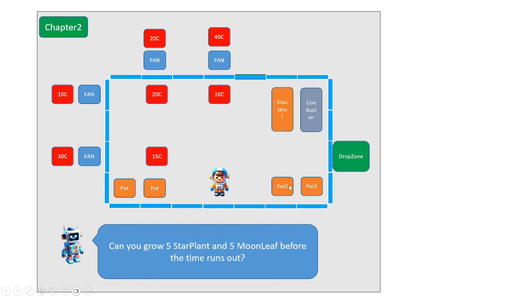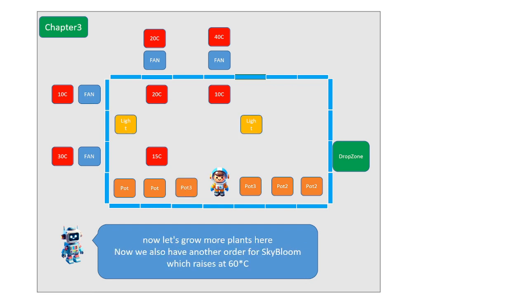After the player places the pots, let's say the fan blows from here all the way down to here as a tunnel, and if the player places an insulator or a conductor in between them, the fan effect will change. And for the last section, the player will be responsible for these lights.